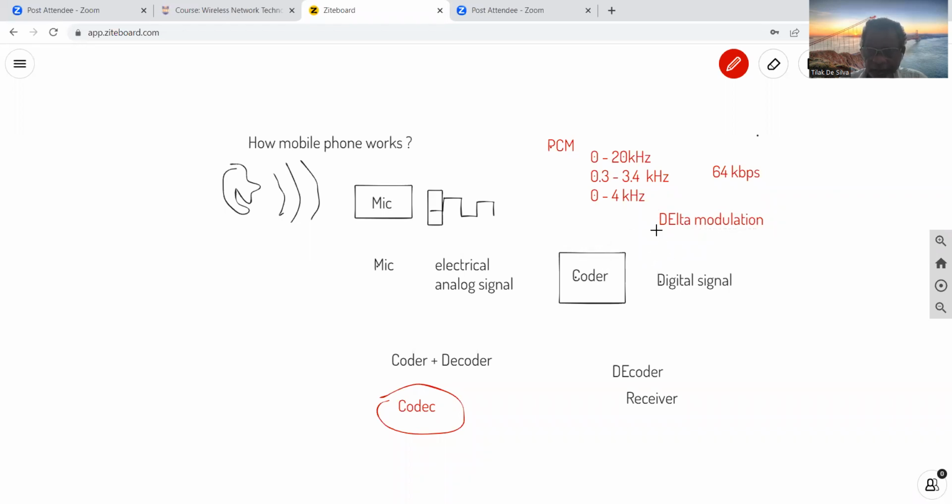There are codecs you can use to convert to low bit rates. The advantage of a low bit rate is that the required bandwidth in the transmission media is less. I explained last time that the bandwidth is proportional to the bit rate. When the bit rate decreases, the occupied bandwidth is less. So therefore, the codecs go to a low bit rate.